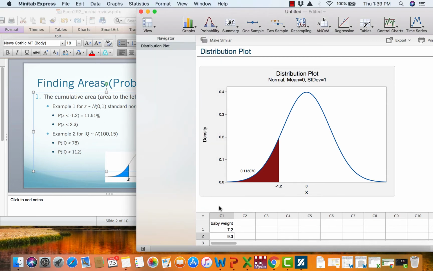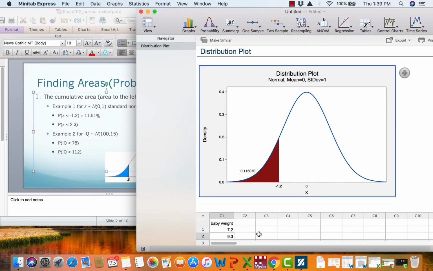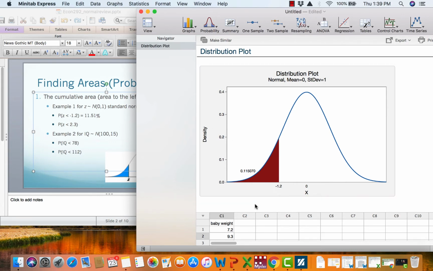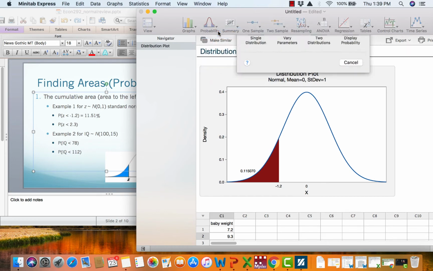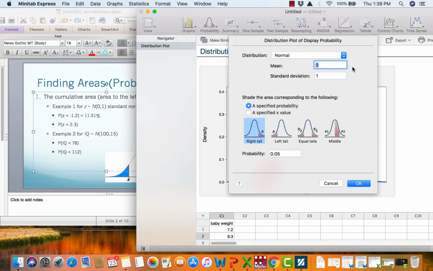All right, let's do another one. Let's find the probability that z is less than 2.3. Now, a lovely trick you have in Minitab is, well, let me start over by saying what we can do is go back to probability, distribution plot, display probability, and we get back to our input screen.